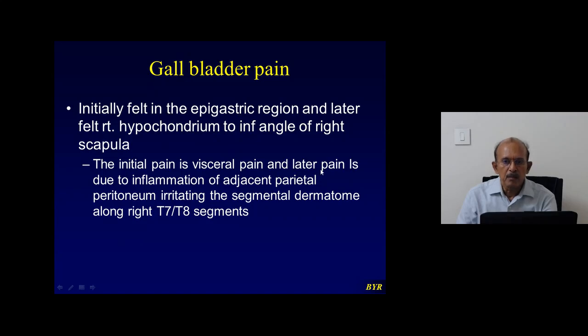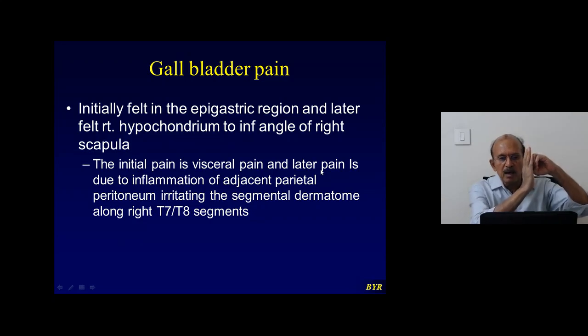Once the gallbladder inflammation spreads to the surrounding parietal peritoneum, because the gallbladder fundus touches the anterior abdominal wall, the peritoneum of the anterior abdominal wall is inflamed. The parietal peritoneum is a somatic structure, so the pain is well localized.